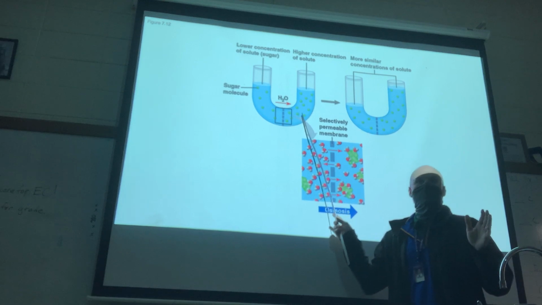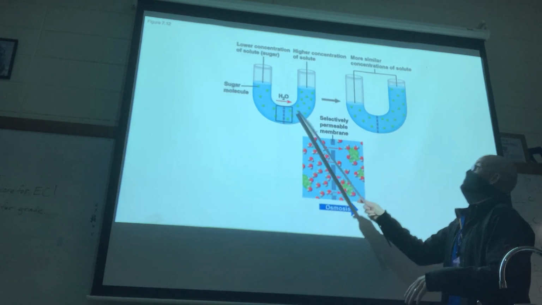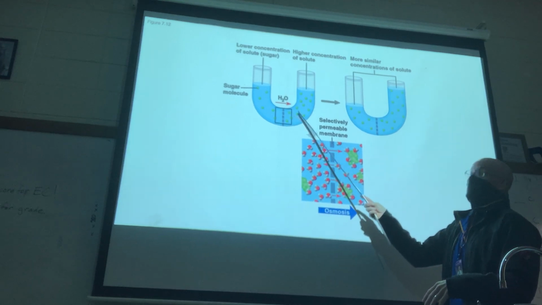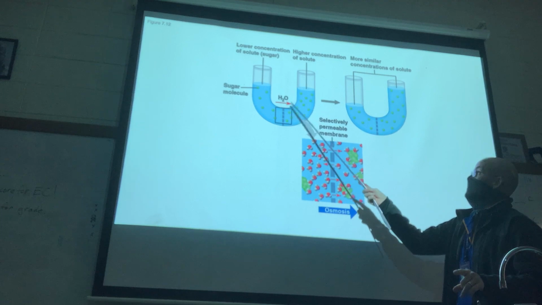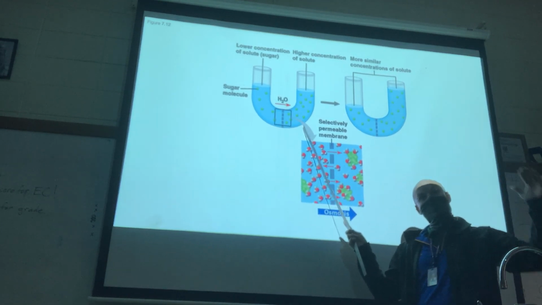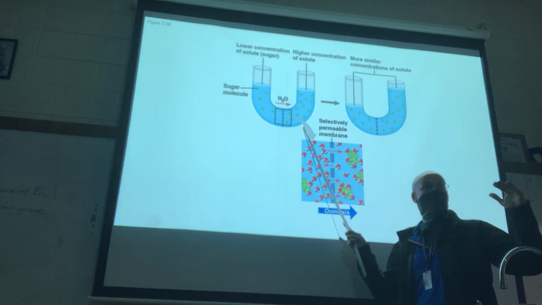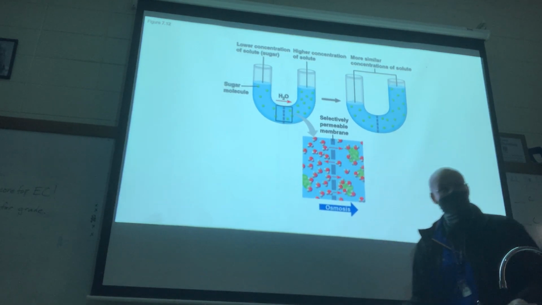What do you want these green particles to be? What's something we would dissolve in water? Sugar. Sugar, great. This is sugar. There's a high concentration of sugar on this side of the barrier, okay? But since there's a lot of sugar, it means what about the water? There's a lower concentration of water.